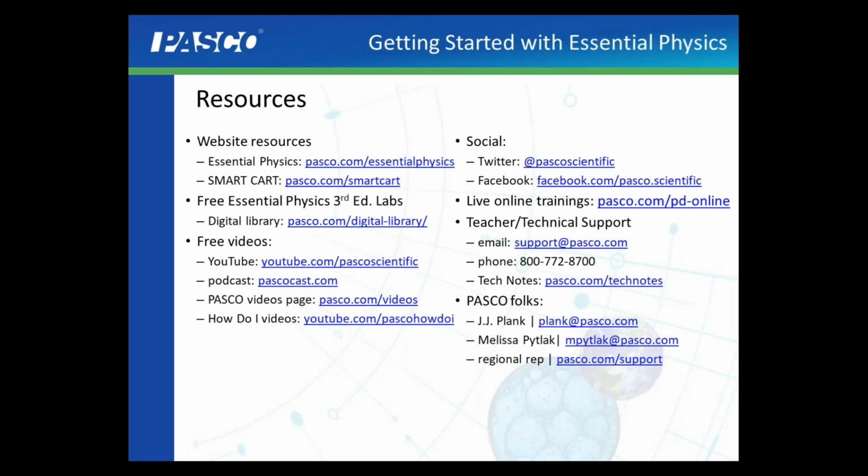If you go to that website, it will list all of the equipment bundles that you could buy that go with the textbook, as well as information about who to contact. You'll have to contact your local area rep to get access to a trial version of the teacher book. We don't want this to get in the hands of students, so there's a little bit of legwork that has to be done first, but we have those options available. Just go to that website and you can find the help you need there.